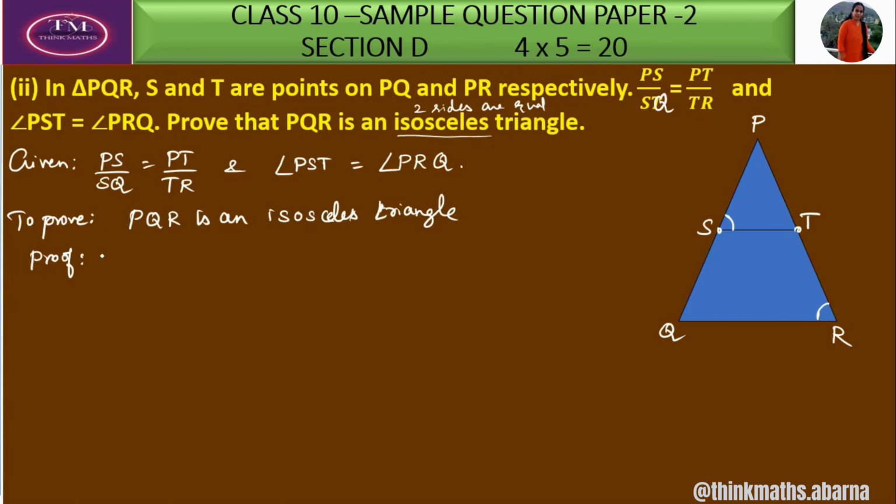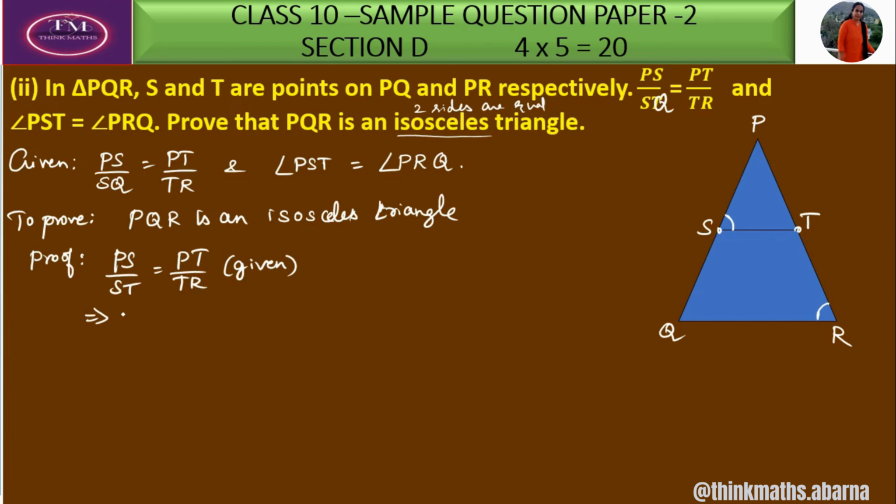So what is given? PS by SQ is equal to PT by TR. This is given. So if the sides are proportional by BPT, that is by converse of BPT, we can say that ST is parallel to QR.